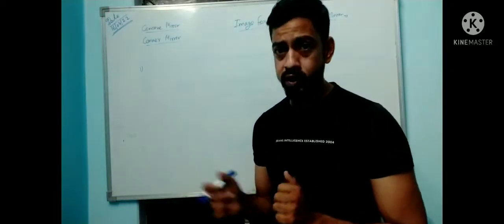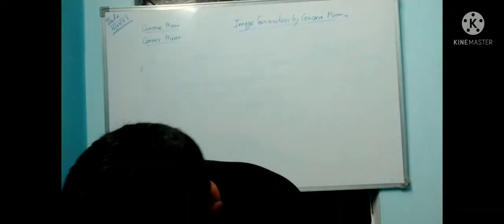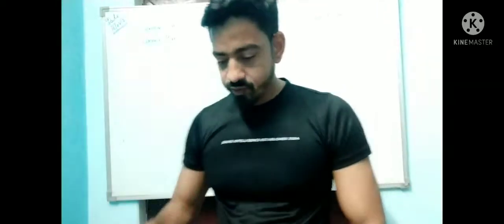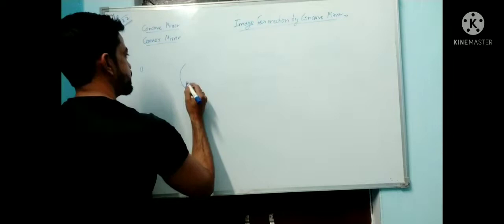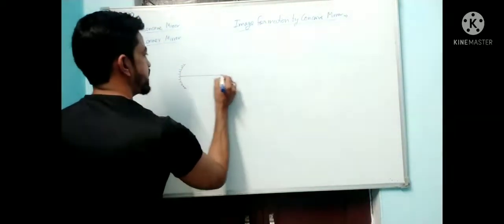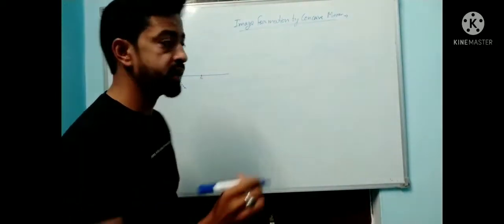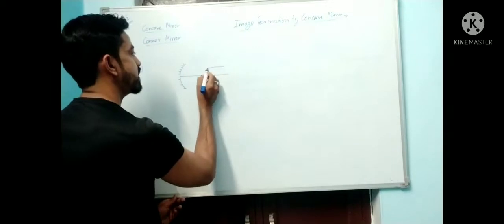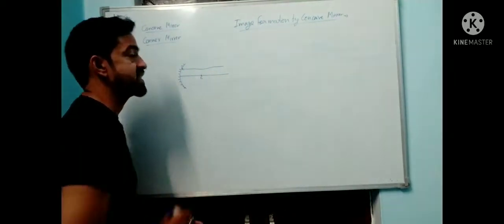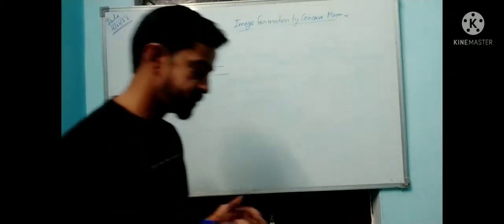So the first rule is, when image is formed, let's have a look first. This is your concave mirror, principal axis, center of curvature. So first you tell me what happens when a parallel ray is incident on the surface of a concave mirror.